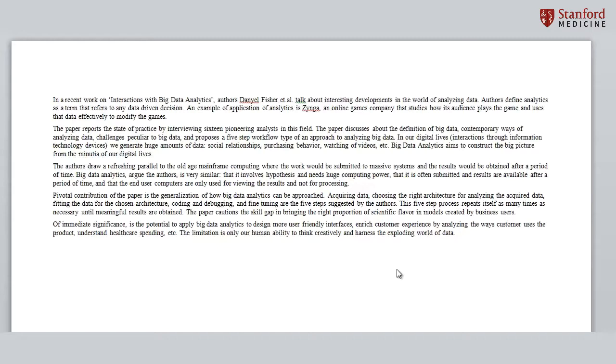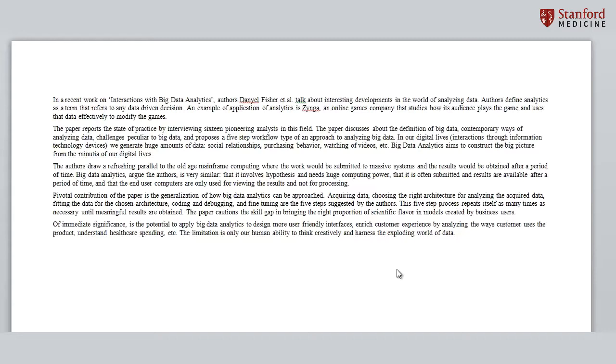And I'm just going to reorganize things a little bit. So one of the things I'm going to do with this paper is notice the introductory paragraph. It starts right in on the name of the paper and the authors of the paper. And that's fine, but I think we can start in with a little bit more of an interesting introduction. So we get in the introductory paragraph that it's a review paper, they define analytics in this way, and then we get this nice example of how analytics is used.